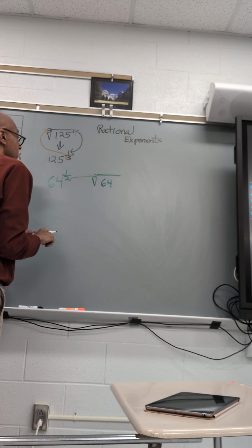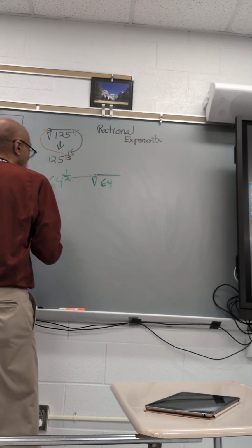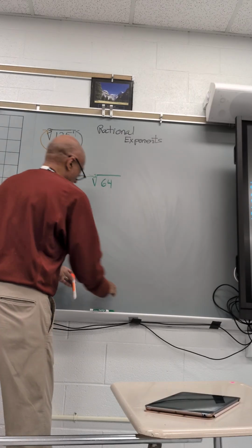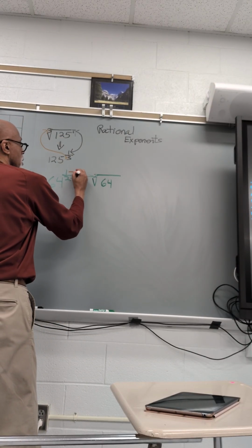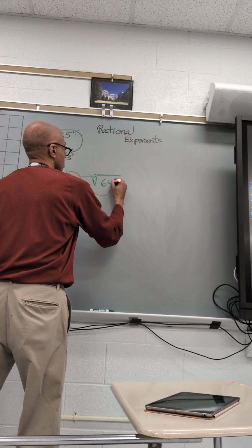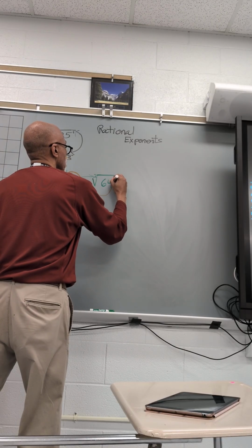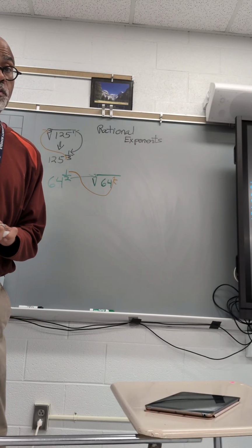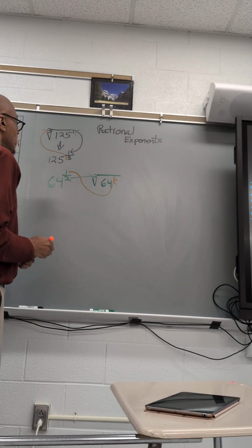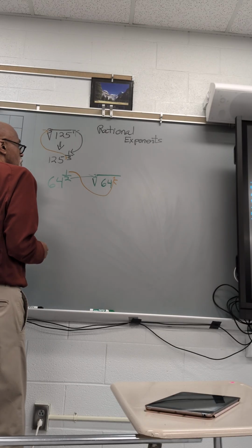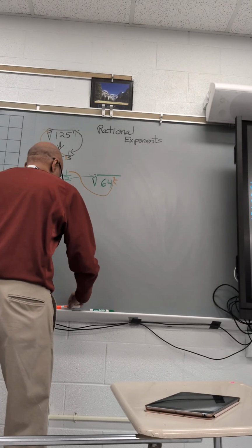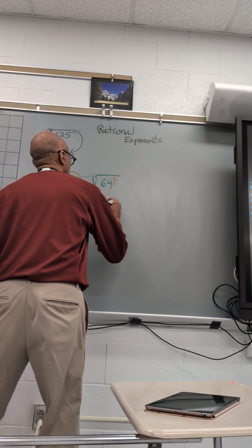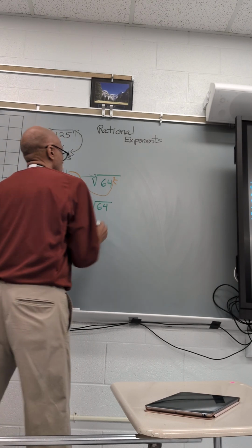Just out of practice, I would actually put the 1 there. Again, we're going to keep using different colors for it. Makes it fun doing coloring. So the 1 goes here, and that'll be helpful later when it's not always to the first power. It's to other powers. So you end up with the square root of 64, which you can write as the square root of 64 to the first power.